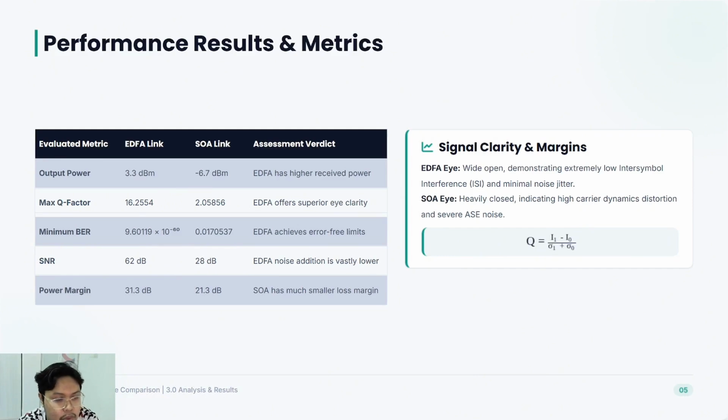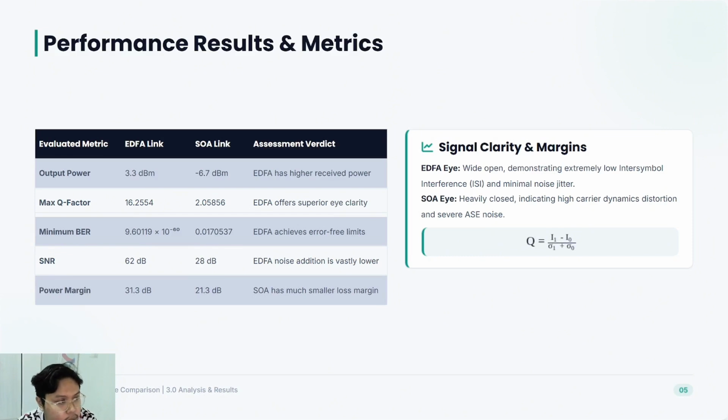EDFA offers a superior eye opening. Minimum BER for EDFA is 9.6019 times 10 to the negative 60. For SOA it is 0.0170537. EDFA achieves the error-free limit.